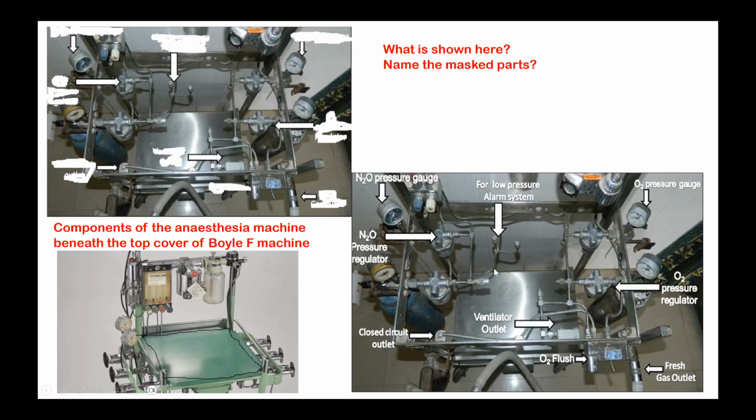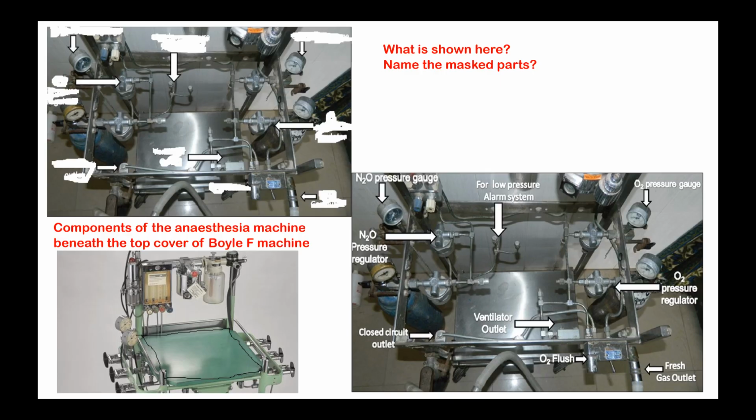So we will see that anesthesia machines are designed in such a way that hypoxia should not happen iatrogenically to the patient. The basic principle involved is, if there is a drop in oxygen pressure, which is the life-saving gas, immediately the machine should alert the anesthesiologist. So the first half of the safety mechanism is to alert the physician about the reduction in the oxygen supply pressure within the machine.